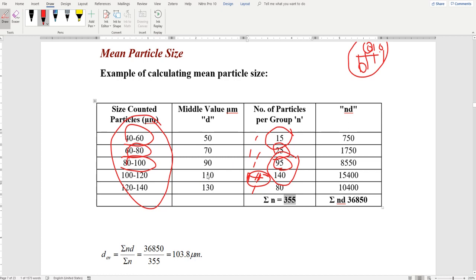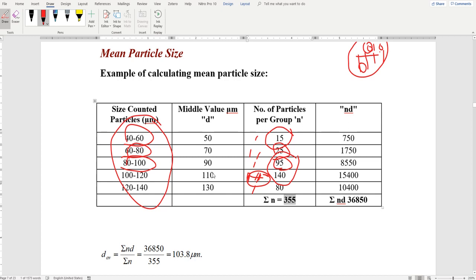Okay, when you do this experiment and you want to measure the average particle size, or what we call the mean particle size, this is the size distribution. I can put it in a table, or I can present it as a bar graph.